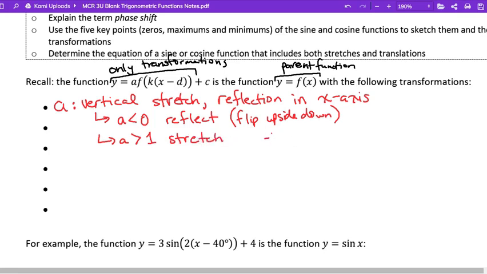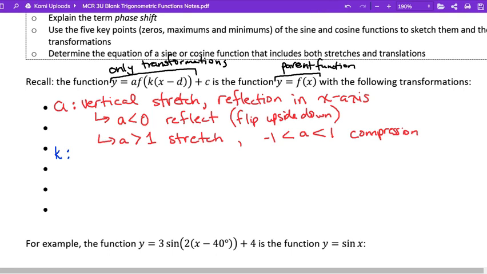If a is between -1 and +1, so it's a decimal, it's a vertical compression. So we flip only when a is less than 0? Yes, if it's negative, you flip. But if it's 2, it will stay like 2, that will just be a stretch.